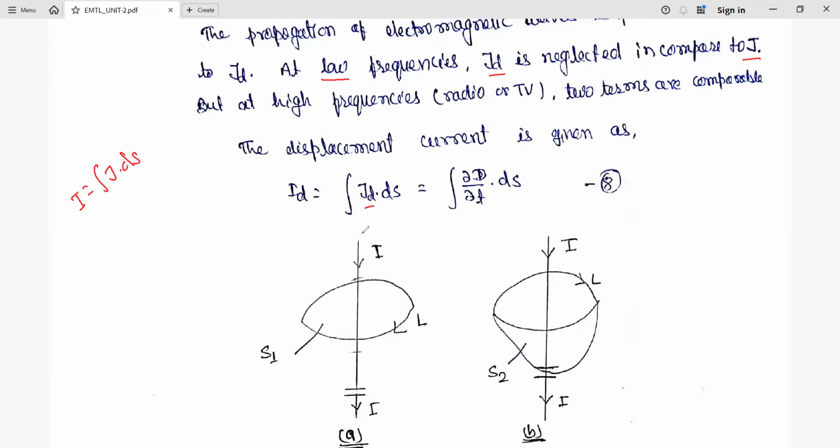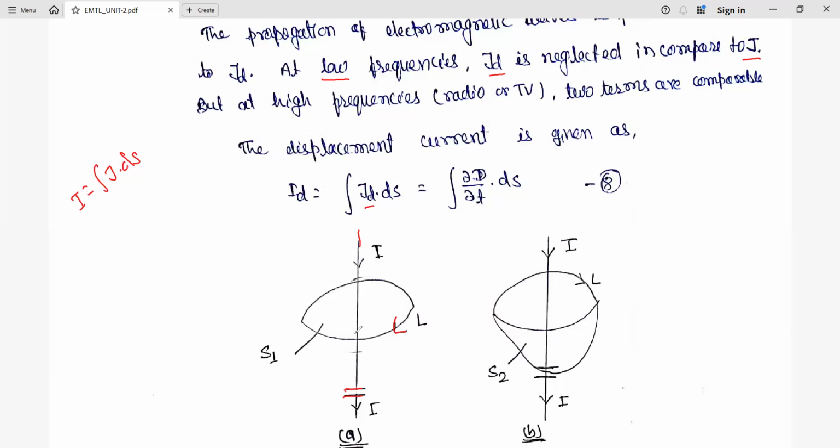In this, we are seeing that this wire is having current from the top to bottom direction, and here we have a capacitor. This line carrying current is being enclosed by another path, like the earlier Ampere's path.